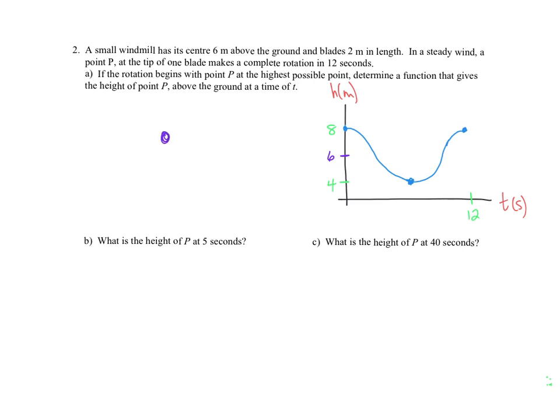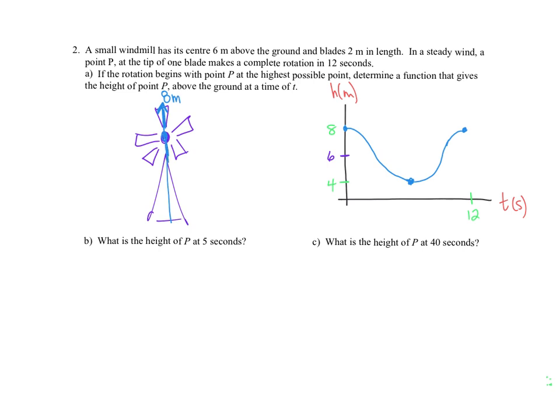To go back and draw, let's just pretend, I don't know why my windmill looks like a flower, but anyways, that windmill has its center at 6 meters off the ground. It has a blade that reaches its highest point, and that blade is 2 meters in length. So the highest point of that windmill is 2 meters above the center.